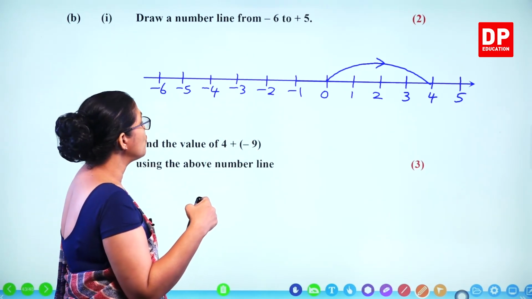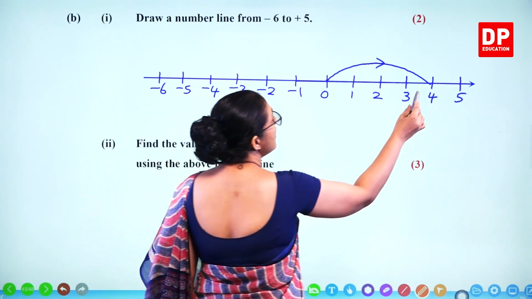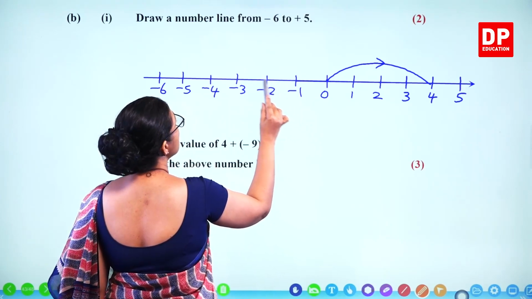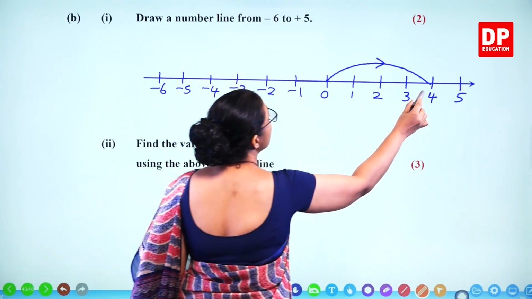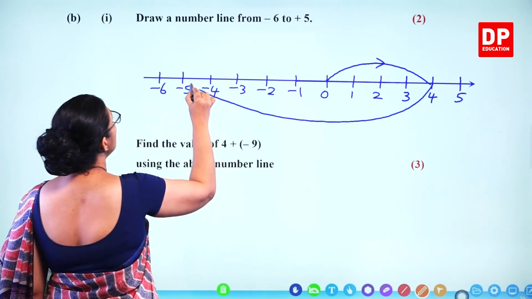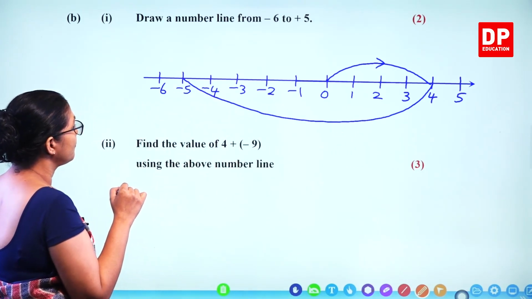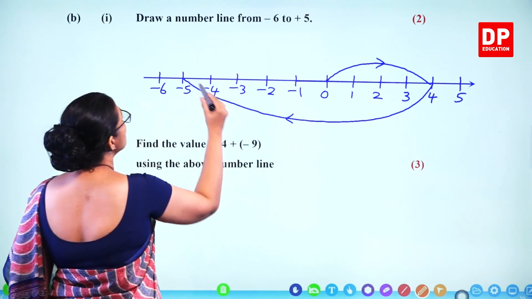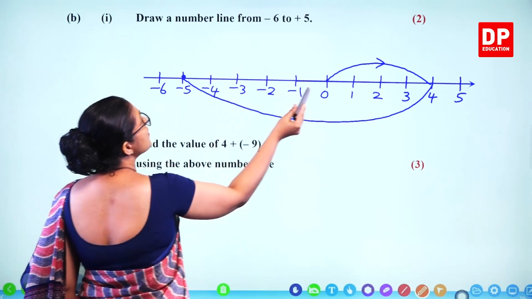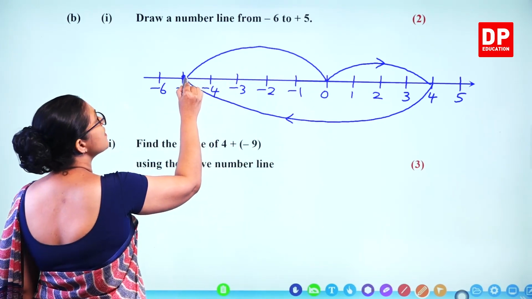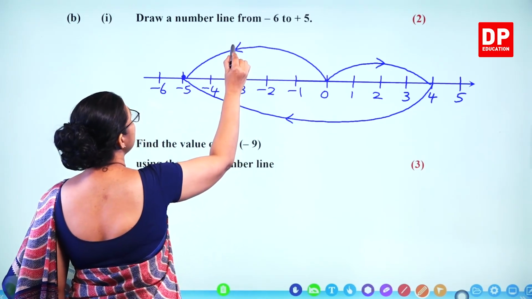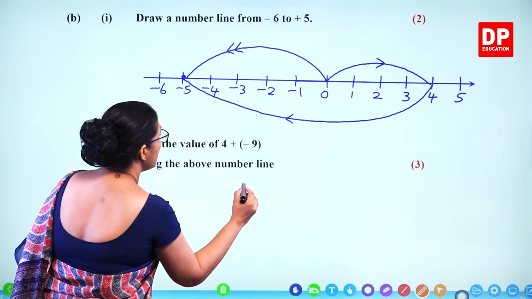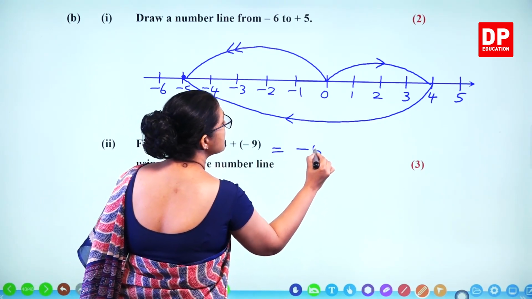So you have to move to the left side. 9 units. 1, 2, 3, 4, 5, 6, 7, 8, 9. 9 units you have to move. So what's the answer? So the final answer is here. That means -5. So the answer is -5.